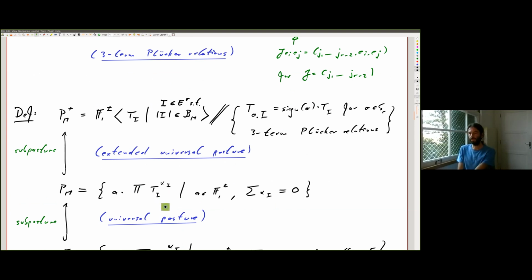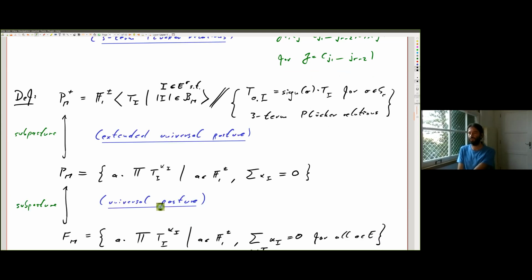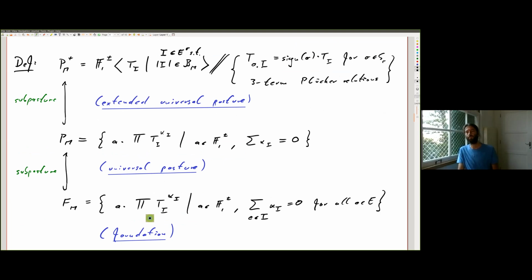Okay, inside the universal pasture we find again another subpasture, which is now the foundation where we are aiming at, which I write as Fm, which consists of all elements A times product of Ti's to the alpha i's, which have multi-degree 0, which means that the coefficient can be any element, 0, plus or minus 1.